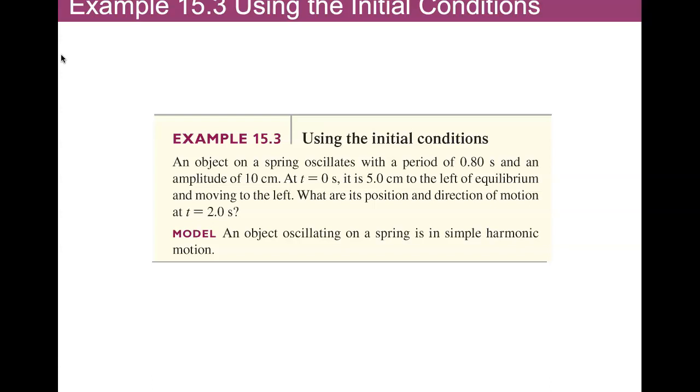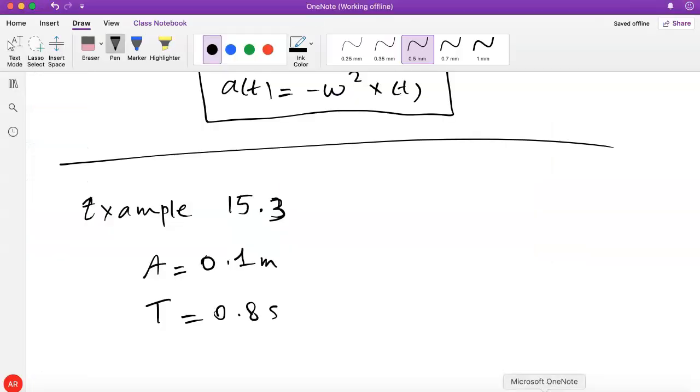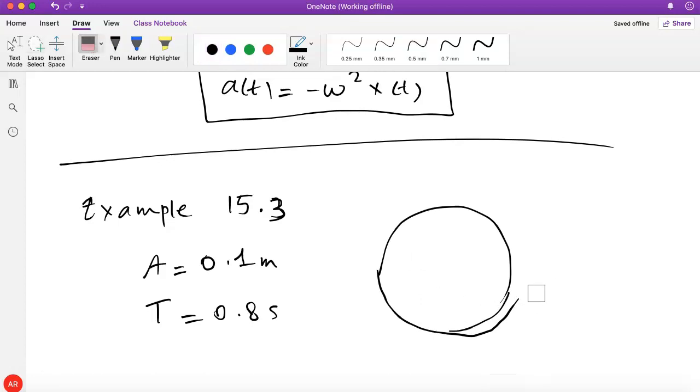All right, so this circular motion picture is quite helpful. So let's draw a circle here. So we know that at t equals 0, if I draw my circle, it's a circle of radius 10 centimeters, the amplitude.